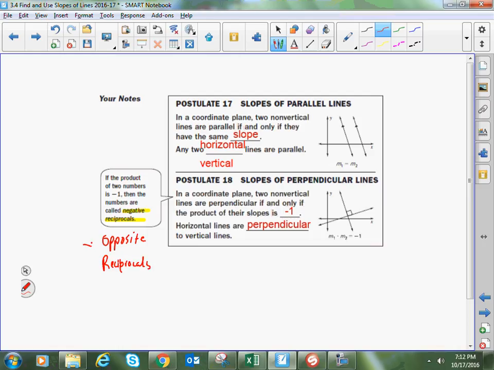I kind of lean towards saying opposite reciprocals, but that's just me. It's just a personal preference. If you say opposite reciprocals or negative reciprocals, same thing. But just keep in mind, here the text is giving us negative reciprocals, but you'll probably hear me refer to it as opposite reciprocals.